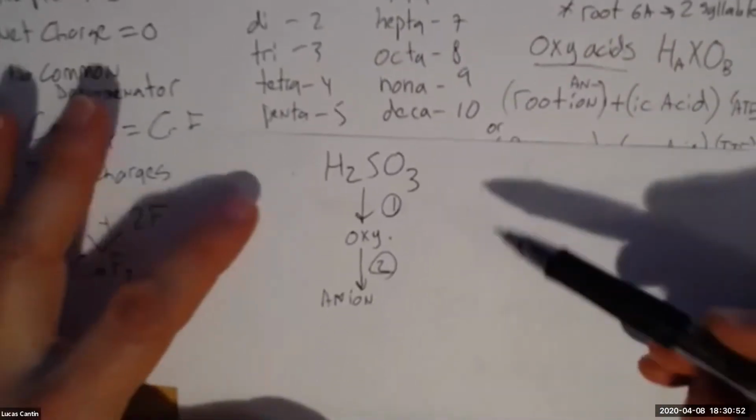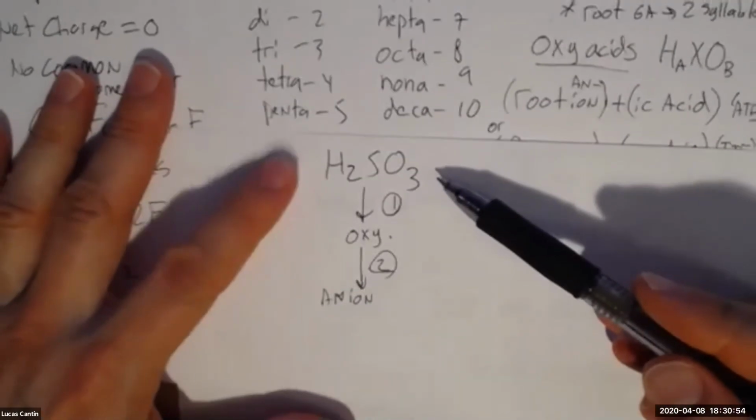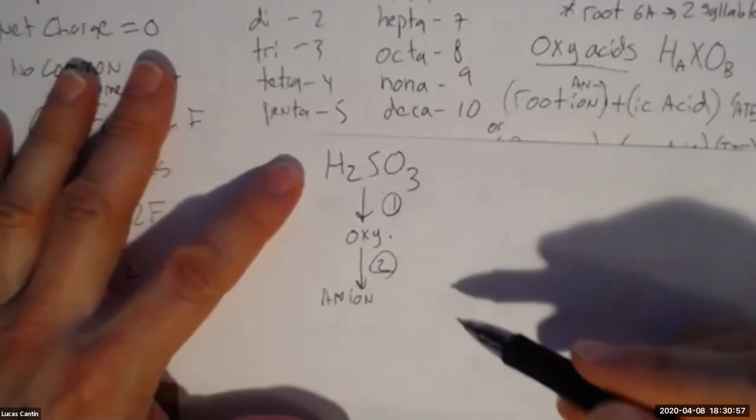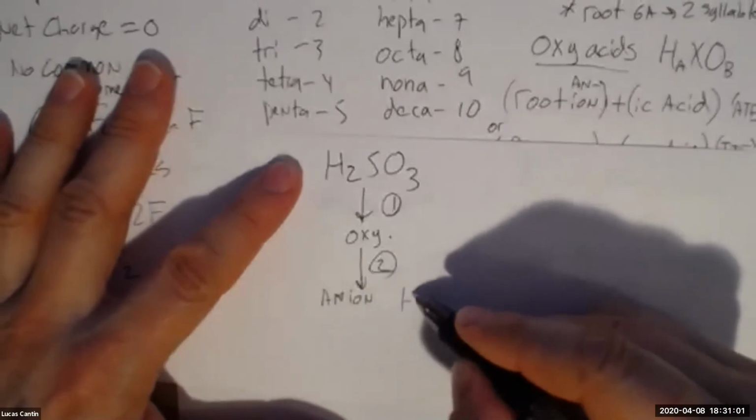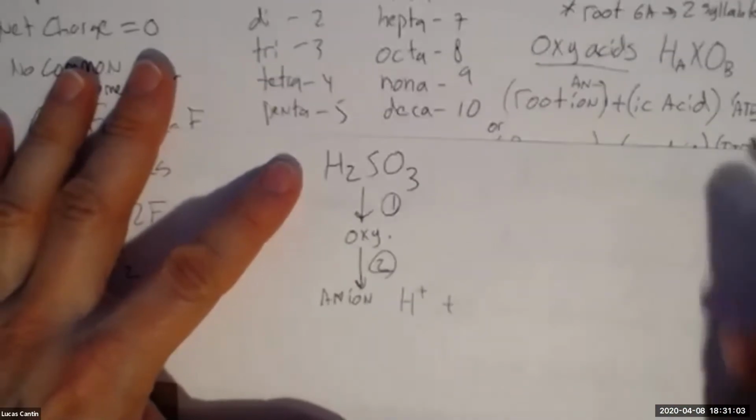Can I pull this thing apart? I want to rip it apart. What is it made out of? It's made out of H plus something else. SO3. And then I could actually find the charge. What's the charge SO3 has to be? 2 minus. Good.